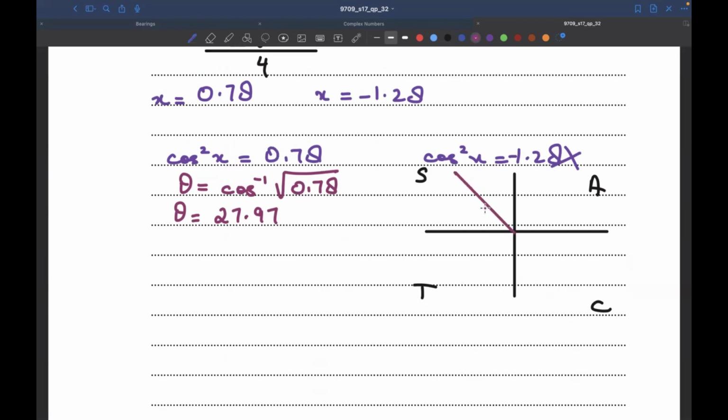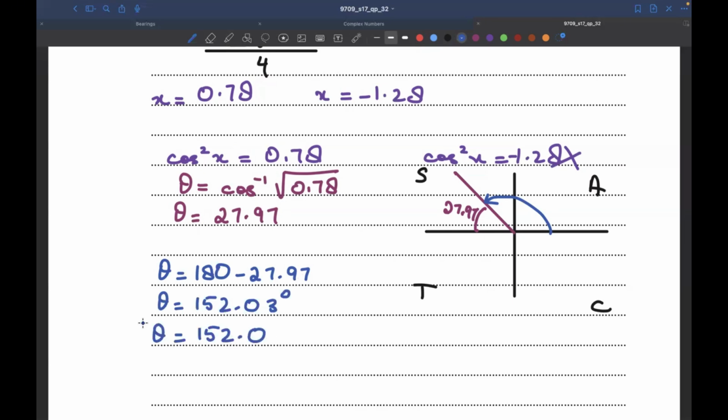So this angle will be 27.97, and our value of theta will become 180 minus 27.97, that is equal to 152.03. We can write our answer in degrees to one decimal place as 152.0, which will be our only answer.